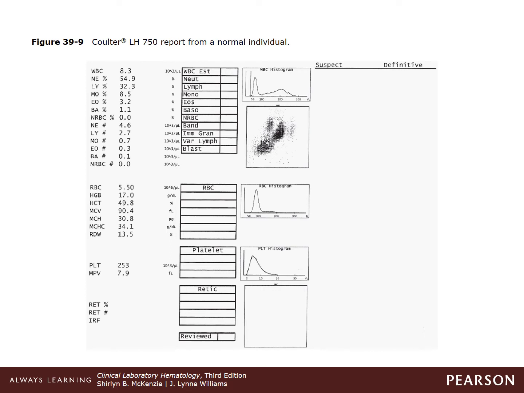So particles larger than 35 femtoliters are counted as leukocytes. Similar to the red blood cells, white blood cells are obtained from 3 apertures as well, and if they are consistent, the instrument will release the average count.